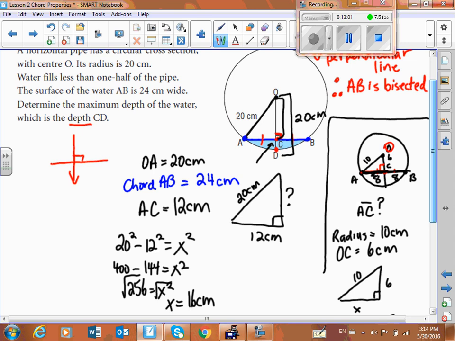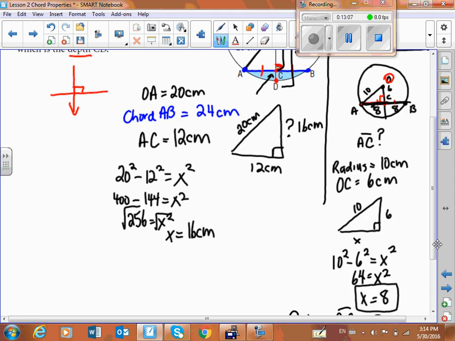Okay? So 16 centimeters. All right, if I know that that piece is 16 centimeters, and I'm trying to find CD, that equals 20 minus 16, which would be 4 centimeters deep. That would be the depth of the water.